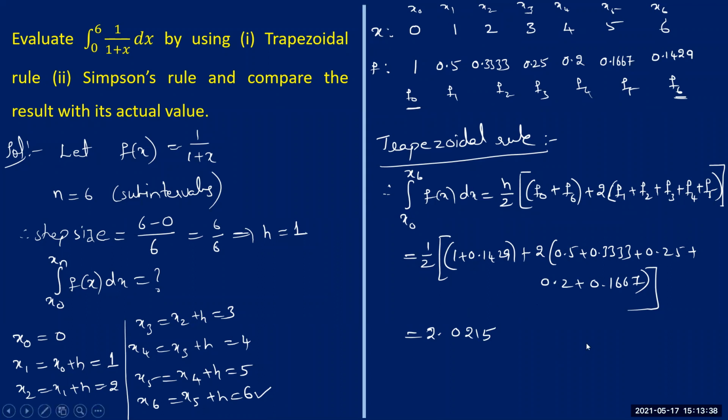Now in a similar way, I'll use Simpson's rule to find this. If you recall that Simpson's rule here, wait, I'll come back to you. Now I'm just rewriting this formula to calculate the integral value for Simpson's rule. Integral from x0 to x6 of f(x) dx.